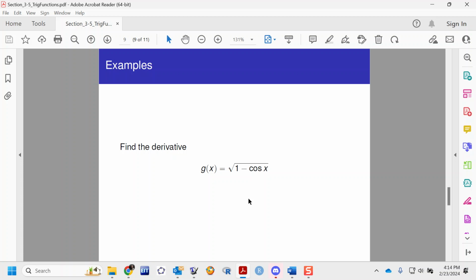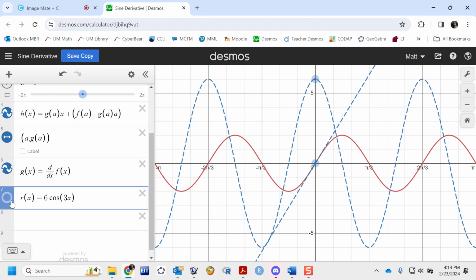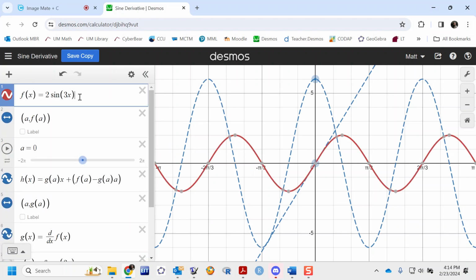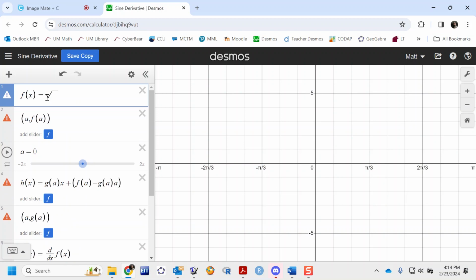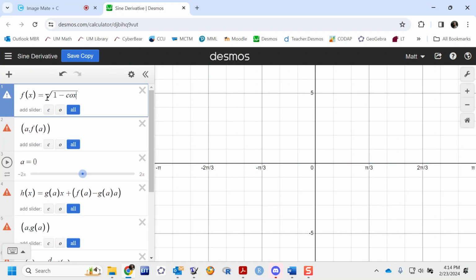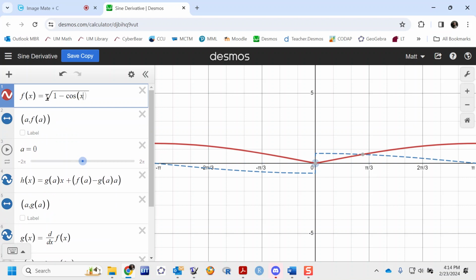The square root of 1 minus cosine x. All right, I've got it written down. I can switch over to take a look at it on our function mapper. Square root, sqrt of 1 minus cosine of x. Okay, so that's what it looks like.